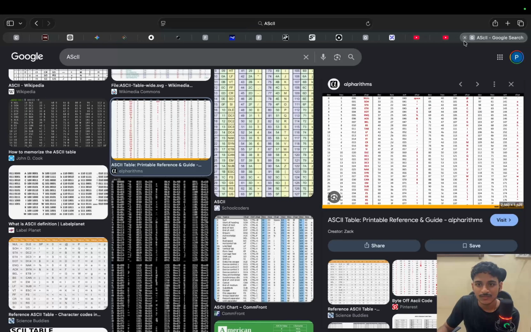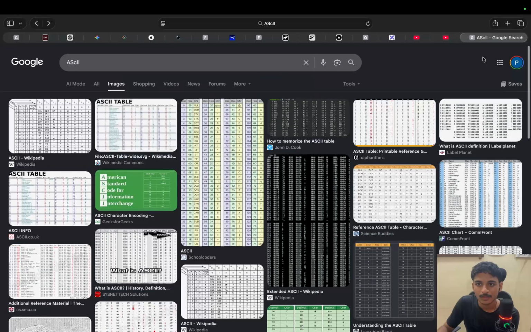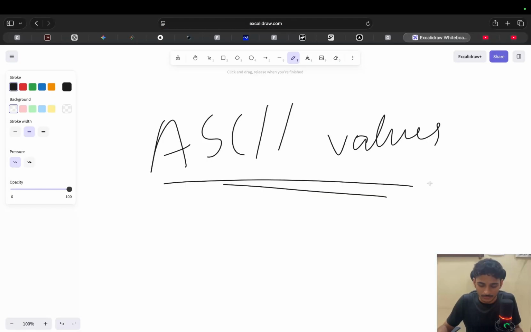In the same way, we have assumed that there will be 2 power 8 possibilities for an ASCII code. So next, let us get into the next thing.